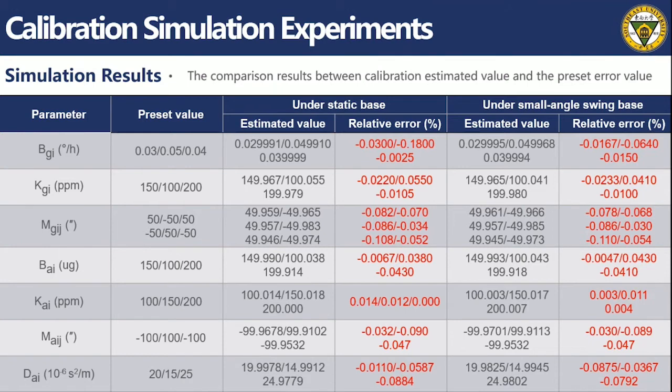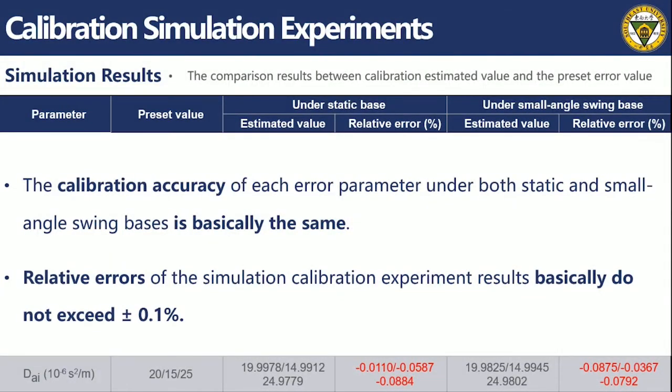This page shows the comparison results between calibration estimated value and the preset error value under both static and small angle swing basis using systematic calibration method designed in previous section. Results in the table show that the calibration accuracy of each error parameter under static and small angle swing basis is basically the same.